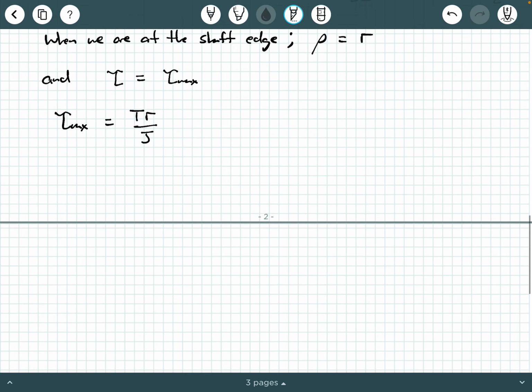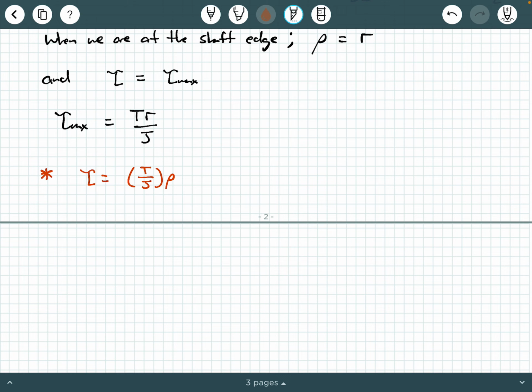Now, one last comment. We've said that this is a linear distribution. So what do we mean by linear? So let's make a little note here. So this is how this tau formula is linear, okay? Tau, again, general tau is T rho over J. So how about we package this as T over J times rho, okay?